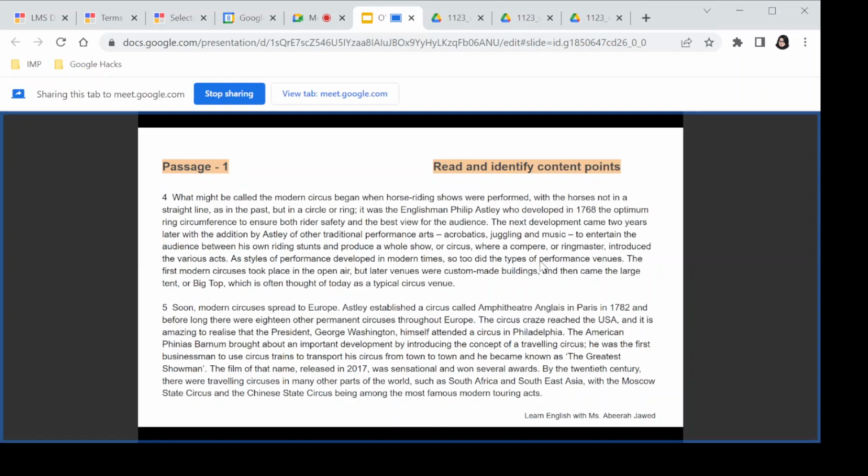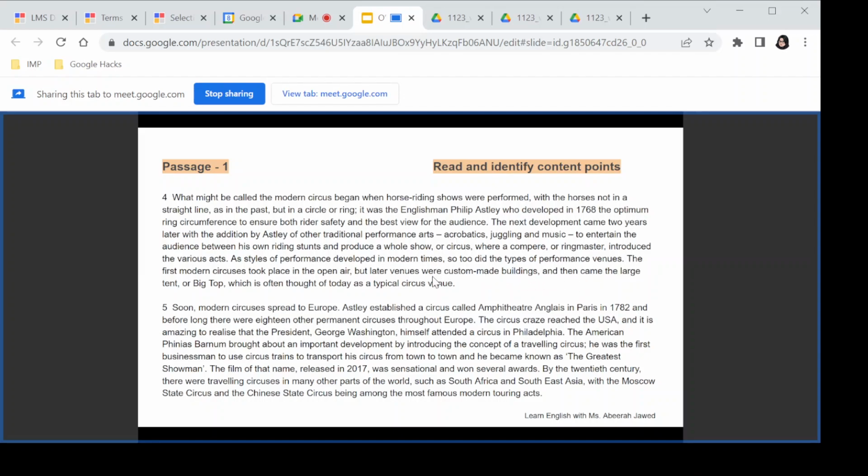All right. Okay. Exactly. You should try to, because over here, if you see, it was the development of the circus point, which was like horse riding shows and then acrobatics, juggling, and music. Similarly, you can mention that in the modern times, the performance venues, initially first they were performed in the open air. Later they moved from open air to properly custom built buildings. That's it. And now, of course, they're telling you the evolution.